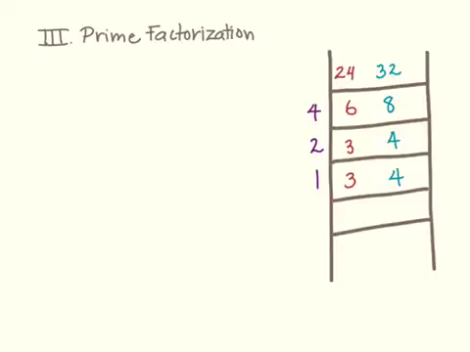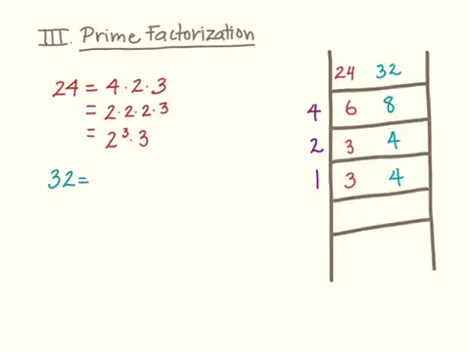Our third example of the ladder is prime factorization. Using the same example that we used in finding the greatest common factor and least common multiple, we are now able to write the prime factorization of both 24 and 32. We see that its factors are 4 times 2 times 4.